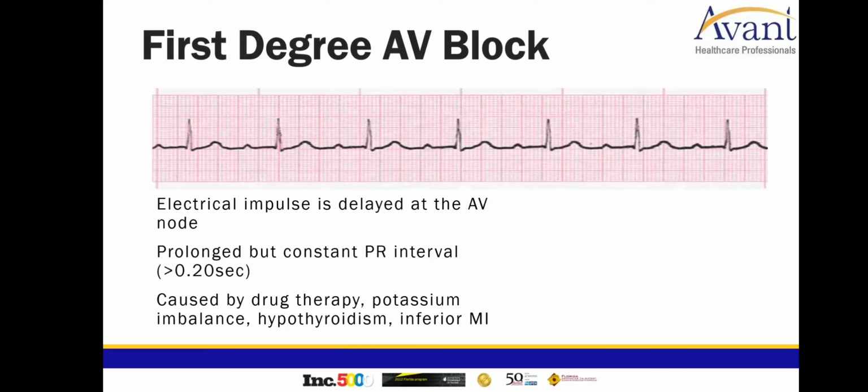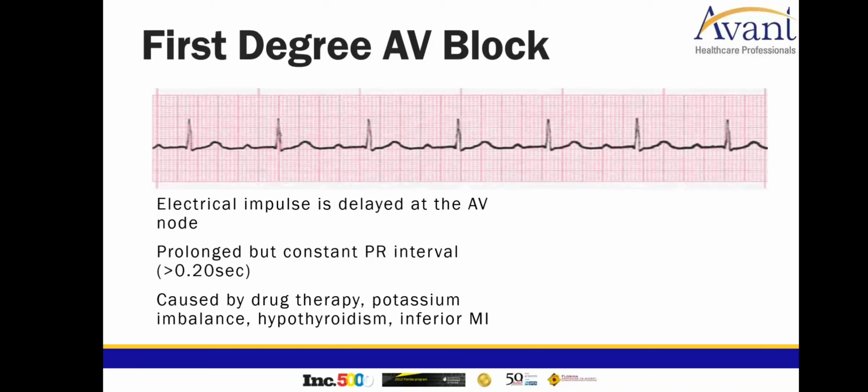First degree AV block is a signal that comes from the SA node to the AV node, but it's just taking longer for that impulse to reach the AV node. Therefore, the PR interval is prolonged, but it's constant. I like to think of my blocks as relationships. One of the analogies I like to use for first degree is the older couple that's been married a really long time. They seem pretty comfortable with each other.